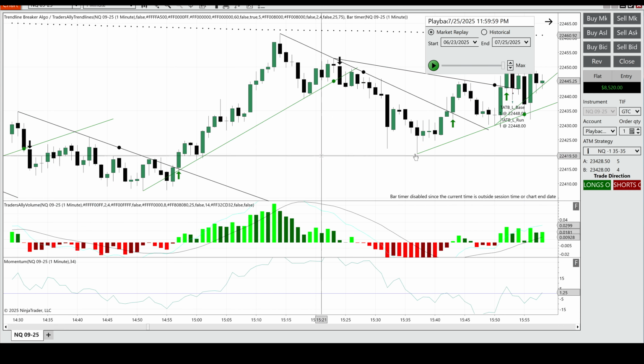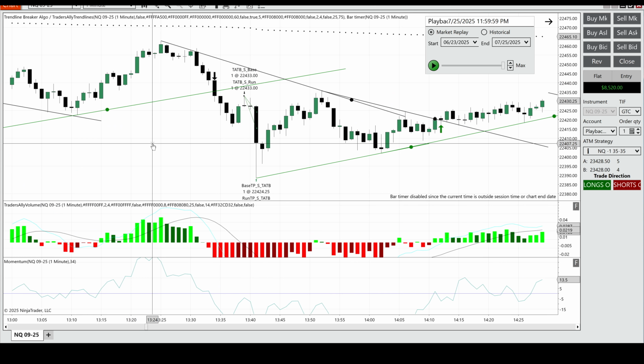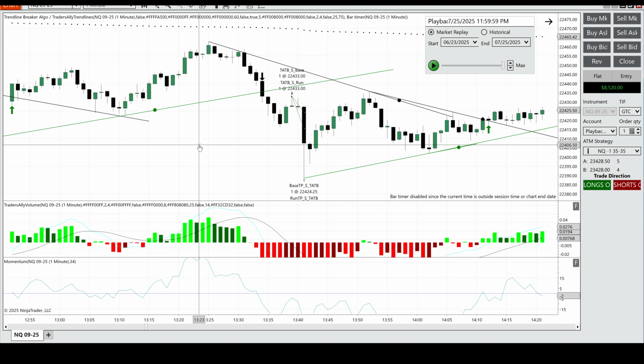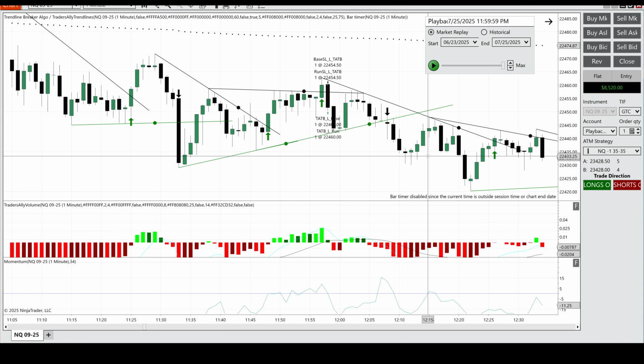Let's try something in the beginning of the session. Yes, it was a break here, but then it takes a pending order, and we have 5 bars, so it opened here and it got our take profit.